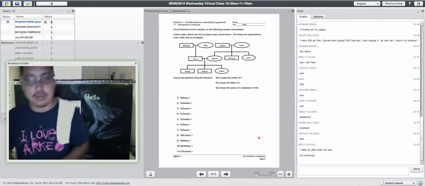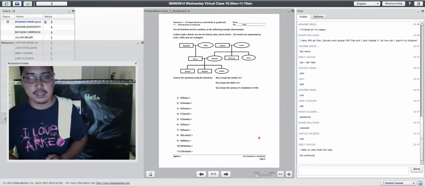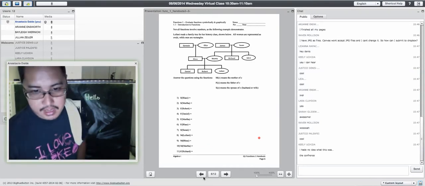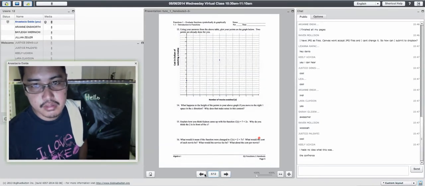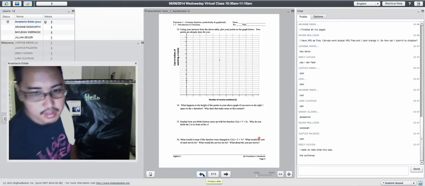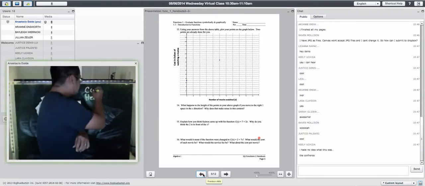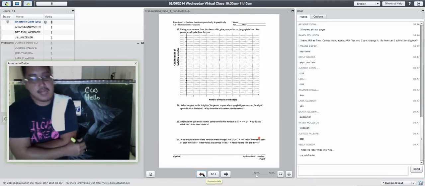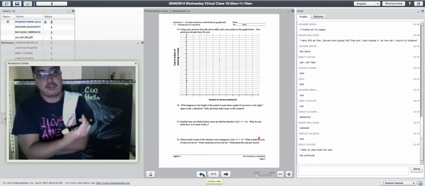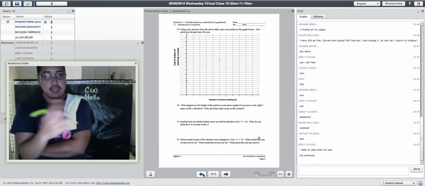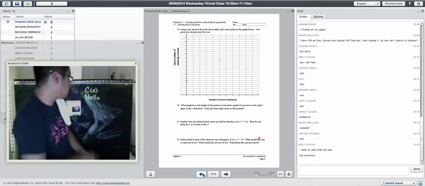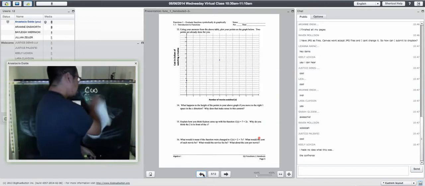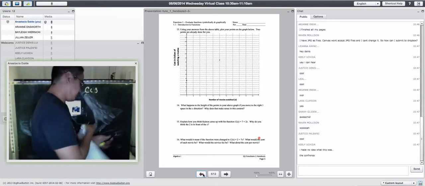For example, C of x, which kind of means the cost as a function of x. I think those examples were referring to the cost as you rent a number of movies. So we probably should have changed that from C of x to C of m. And it just means the variable that you are using.